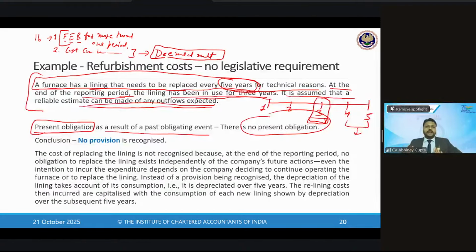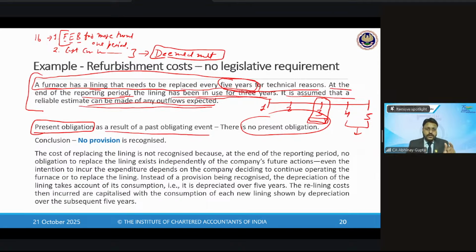This is an example or question of Ind AS 16 only, where at the end of every 5 years, the accounting will happen. What accounting? The old lining will be scrapped, the new lining will be installed. So as and when the new lining is installed, the entry would be PP&E account debit, bank account credit, the cost of the new lining. Yes or no? Yes. And for the old lining, what will happen?